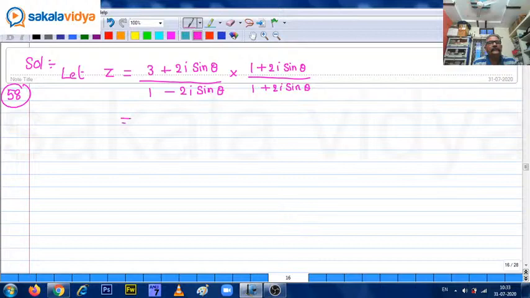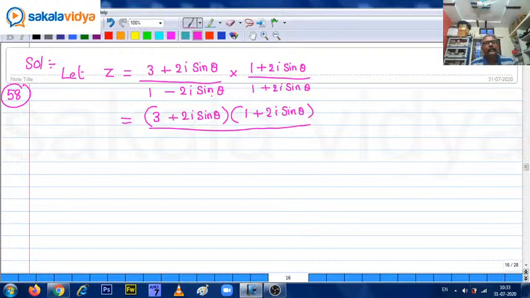Here we get (3 plus 2i sin theta) multiplied with (1 plus 2i sin theta) upon a minus b into a plus b, nothing but a square minus b square. So 1 square is 1, 2 sin theta whole square is 4 sin square theta.